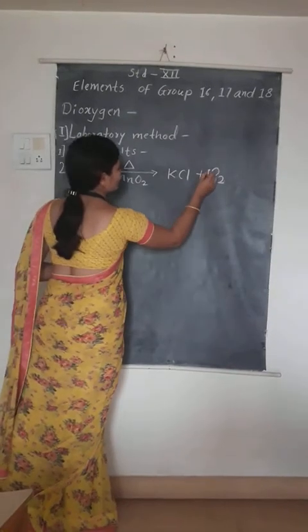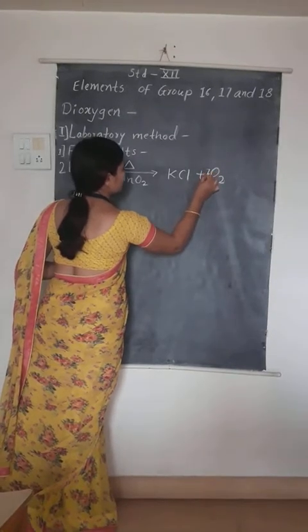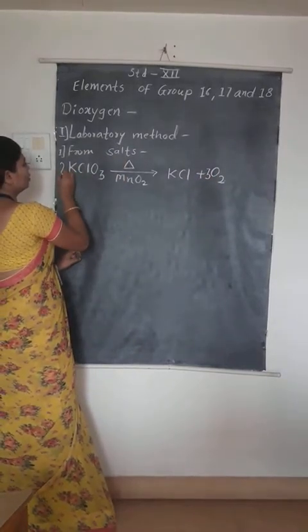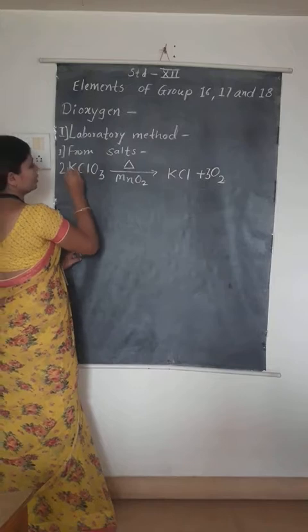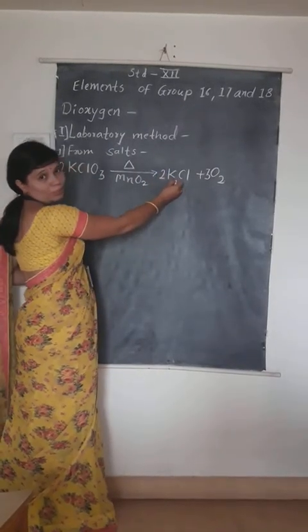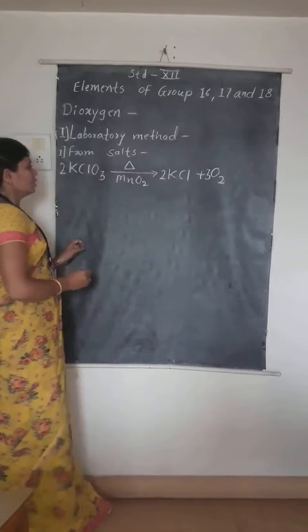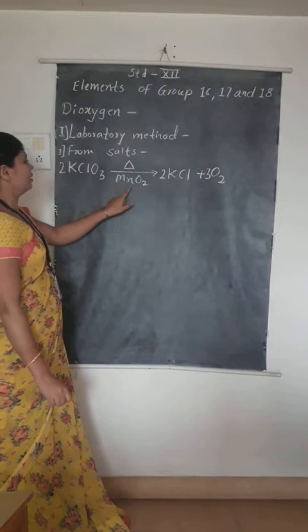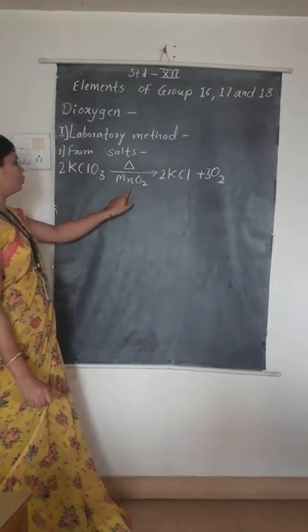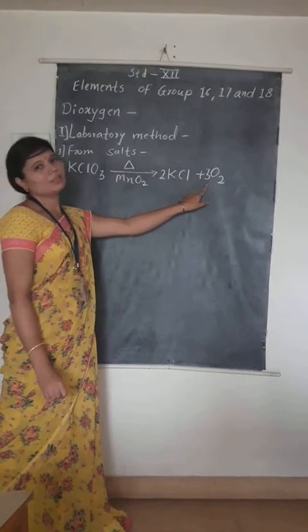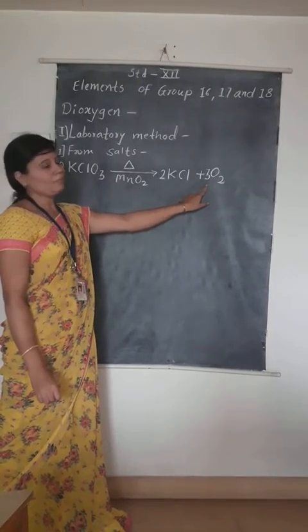To balance the oxygen atoms, take the coefficient of oxygen as 3. In potassium chloride there are 2 potassium atoms and 2 chlorine atoms, so to balance them, take the coefficient of potassium chloride as 2. So when potassium chlorate is heated in the presence of MnO2 as a catalyst, it gives the formation of dioxygen.